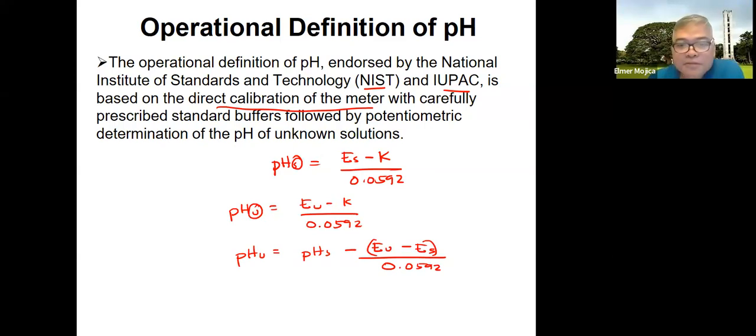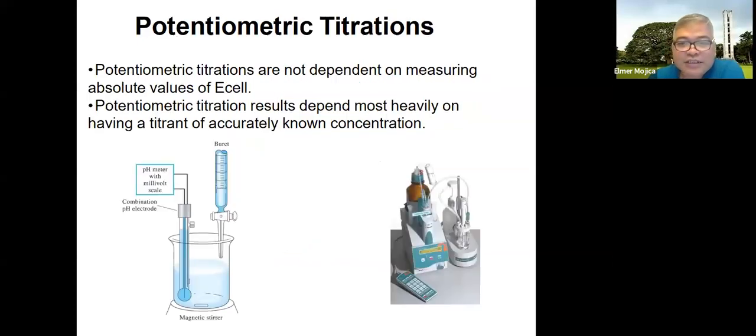So I tried to incorporate here the other techniques they use, the potentiometric titration. As I've told you, potentiometric titrations are not dependent on the measurement of the absolute values of the cell potential.